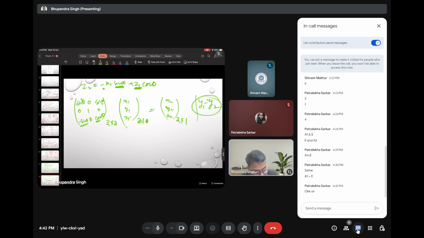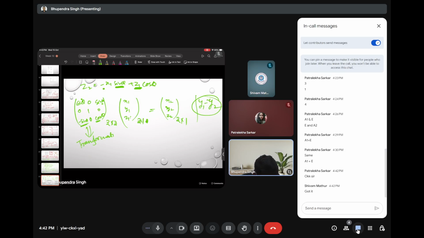So this is the transformation matrix for rotation along the y-axis by angle theta.